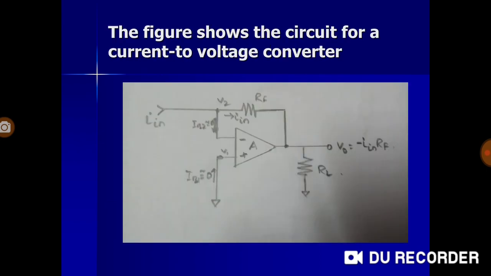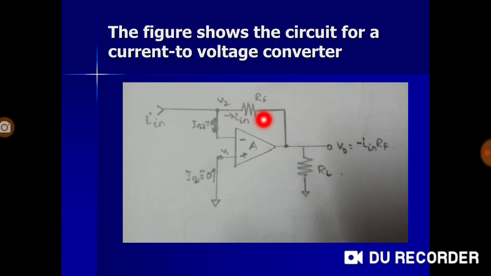Let's first see the circuit of the standard current to voltage converter. Now here you can see that the non-inverting input terminal is grounded. The load is connected between the output terminal and ground.